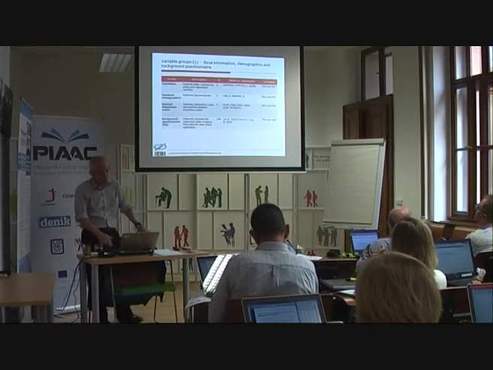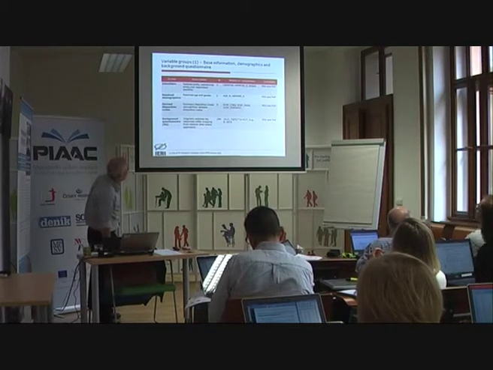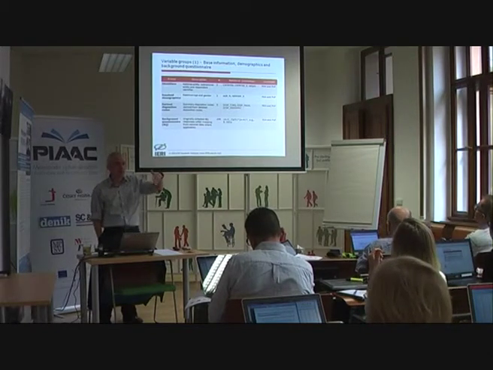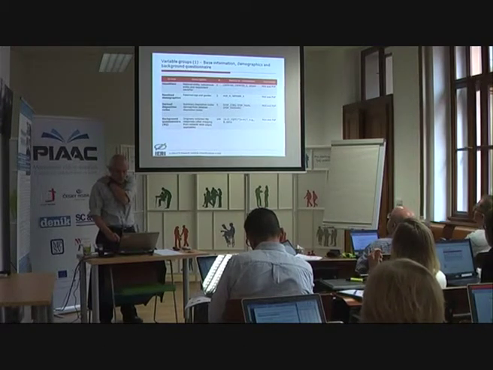So variable groups: base information, demographics, and background questionnaires. Here you have identifiers and these position codes. These position codes were basically the routes or the different components that the person took.